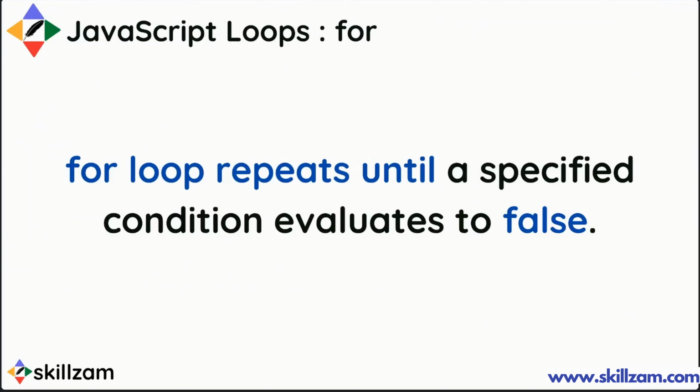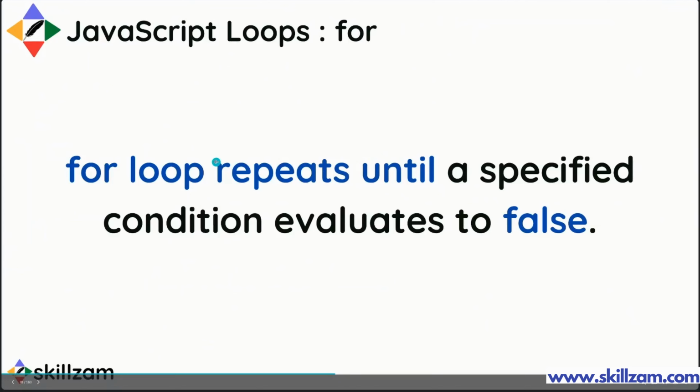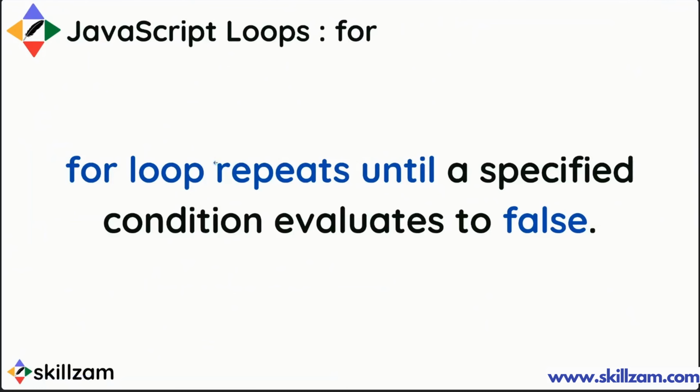The for loop also helps you repeat tasks multiple times, until a specified condition evaluates to false. Even the for loop has a condition. Until that condition is true, the for loop keeps on executing. The moment that condition becomes false, it will exit the for loop.